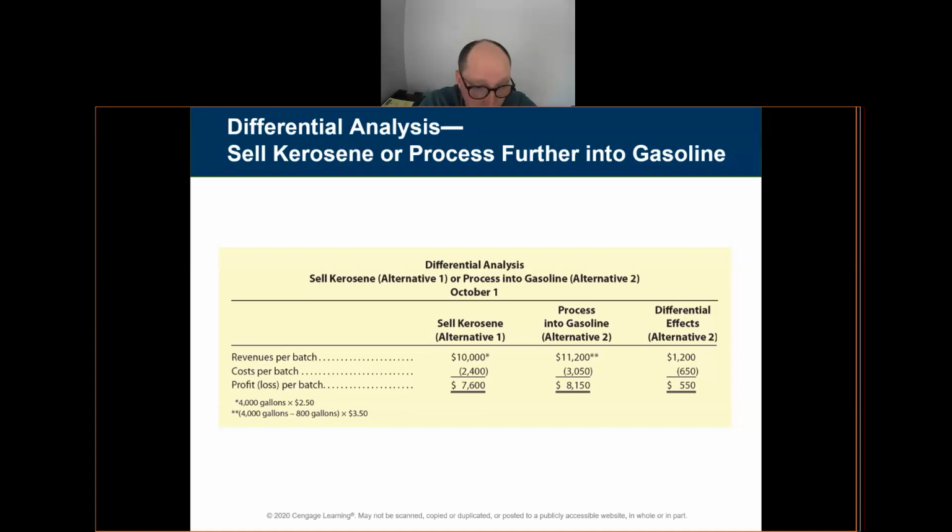We know the sales prices: $2.50 for kerosene, $3.50 for gasoline. We anticipate revenues of 10,000 a batch for kerosene, 11,200 for gasoline. How do we get that? 4,000 times the $2.50 sales price for kerosene is 10,000.